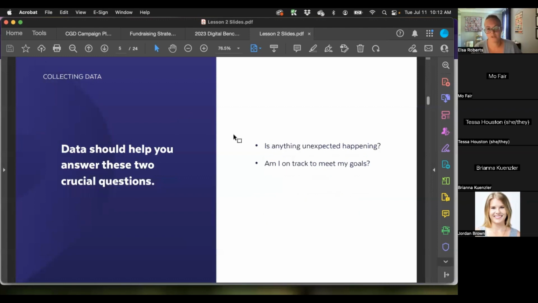Data should really help you answer these two very important questions. Is anything unexpected happening? And am I on track to meet my goals? And when I say, is anything unexpected happening, let's say that you are looking at data from an email campaign and you're seeing a really high bounce rate, or a very, very low click rate that is not in line with what you've seen in the past for campaigns.